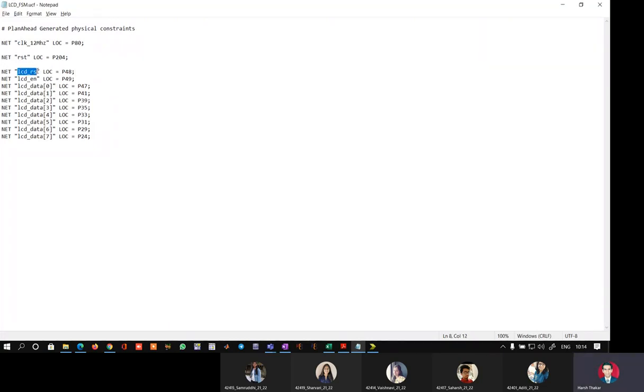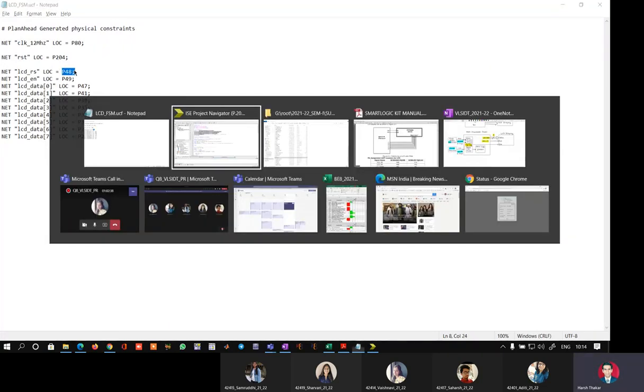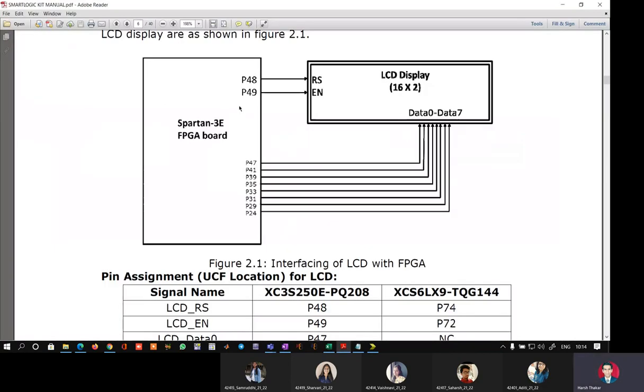So LCD underscore RS is P48. Why? Because the RS input of the display is connected to pin 48 of the FPGA. So the LCD underscore RS output will be sent through pin number 48 to the display. The LCD underscore EN output signal will be sent through pin number 49 to the EN input of the display.